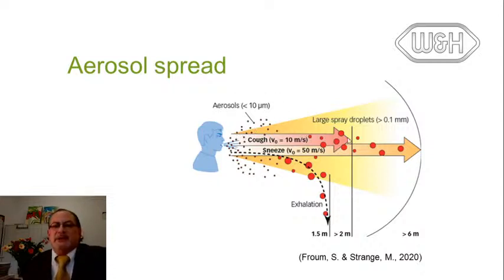Coughing brings the aerosol up to 2 meters away, and sneezing is a process with really high velocity of 50 meters per second, so that the aerosol can reach a distance of 6 meters.